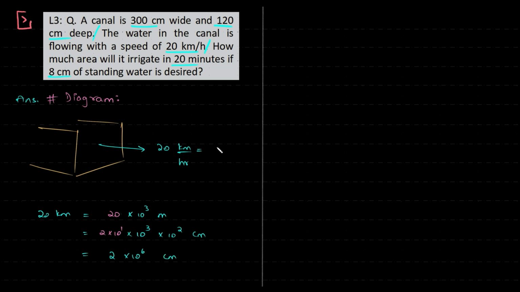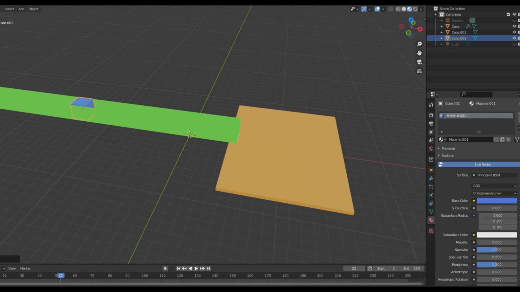So 2 into 10 to the power of 6 centimeter per hour. So much of water is coming out. Means what? A molecule which is 2 into 10 to the power of 6 centimeters away, say this point, will come out of the canal in an hour, right?